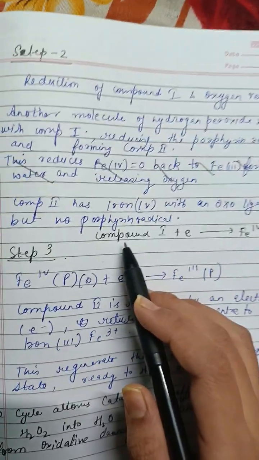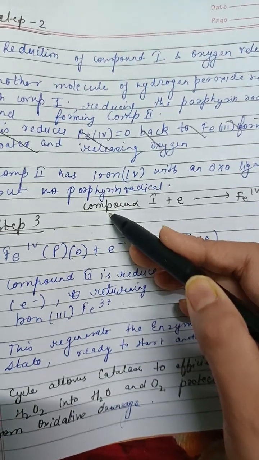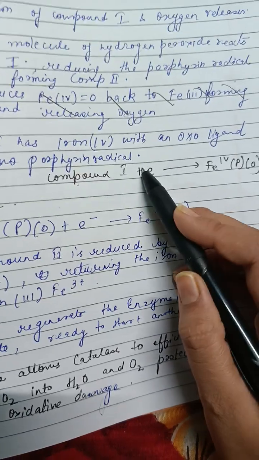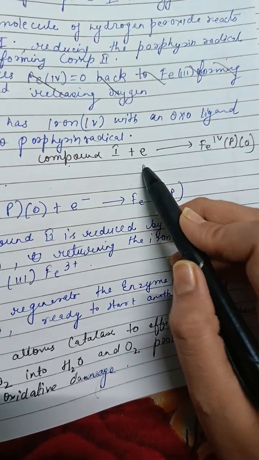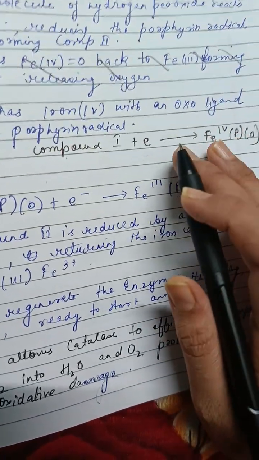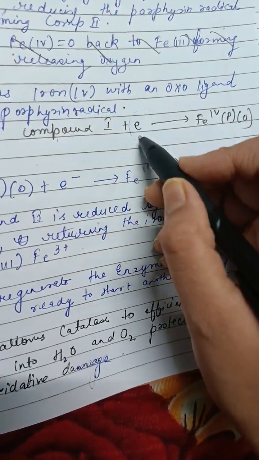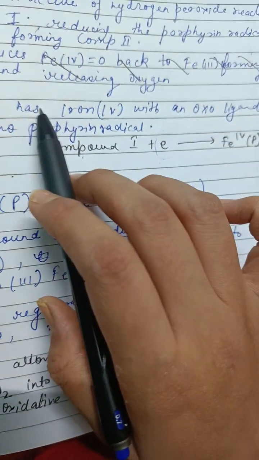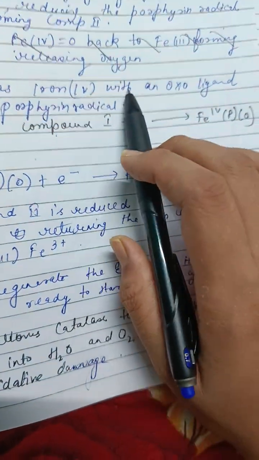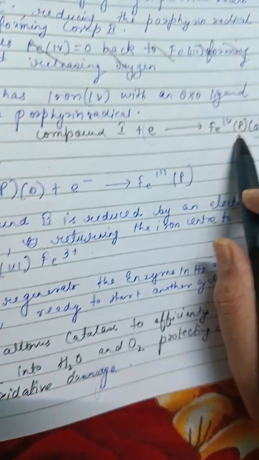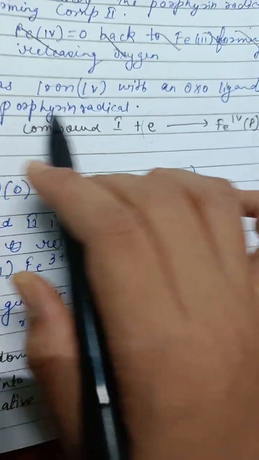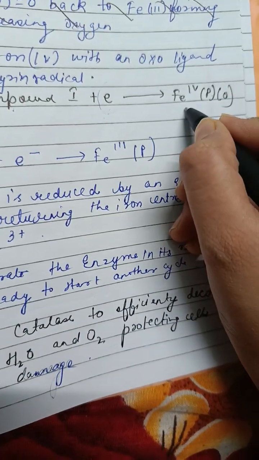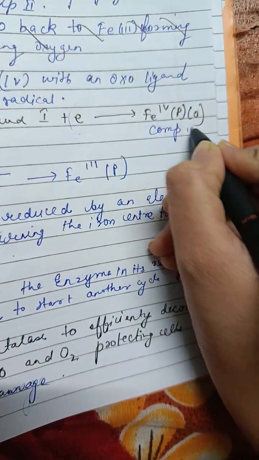Here is compound 1. It is again reacting with another molecule of hydrogen peroxide, represented by this e. In compound 2 we now have no porphyrin radical; there is no P+ in it. So this is your compound 2. Write this as compound 2.